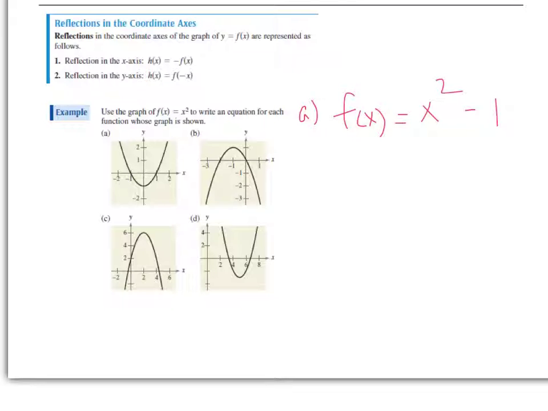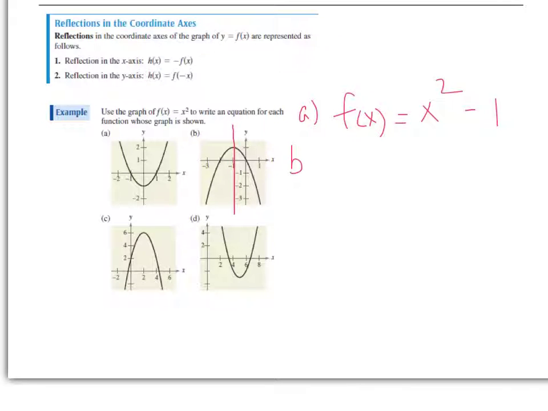For B, if we look at the axis of symmetry, we went left 1 and up 1, but we also reflected down, so our y values changed. Because our y values are changing, we have the reflection on the x-axis, so the reflection is going to happen on the outside.